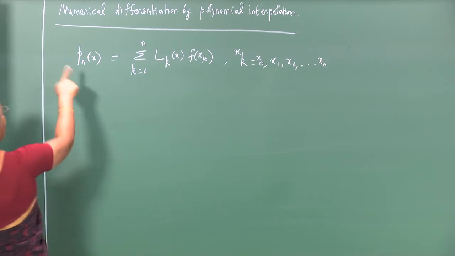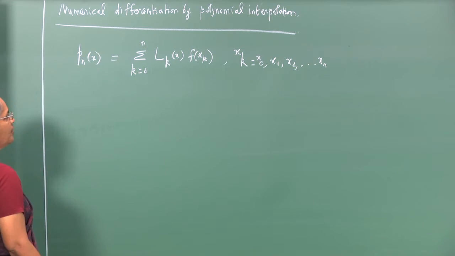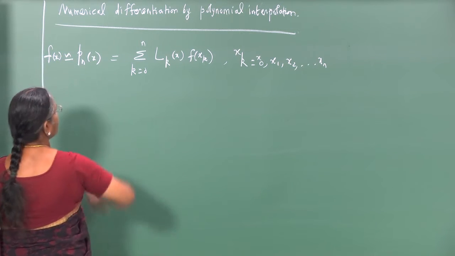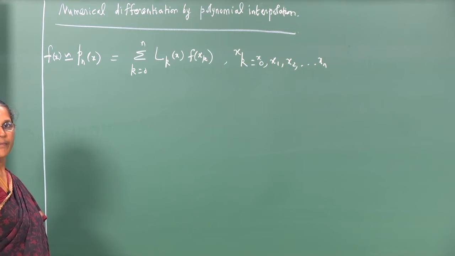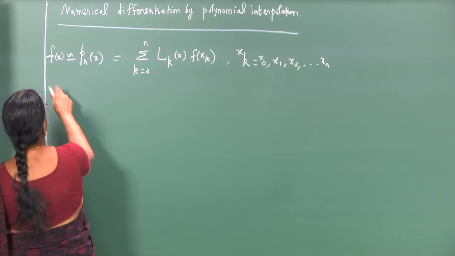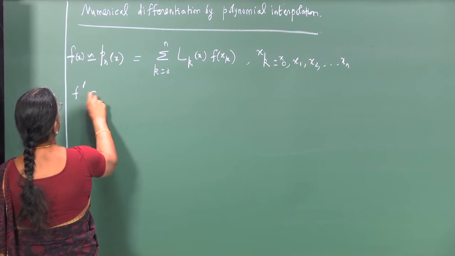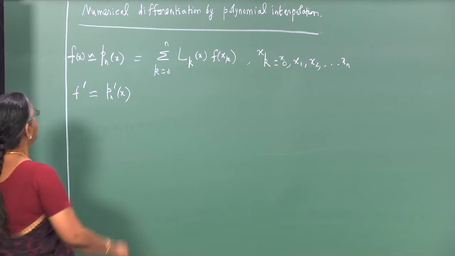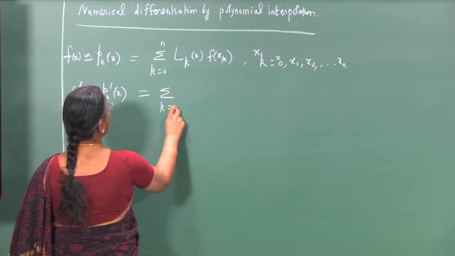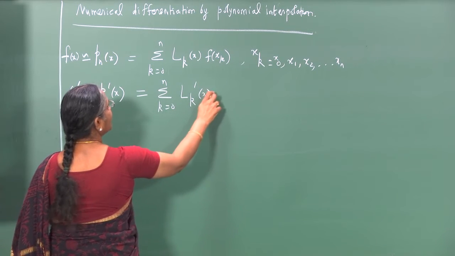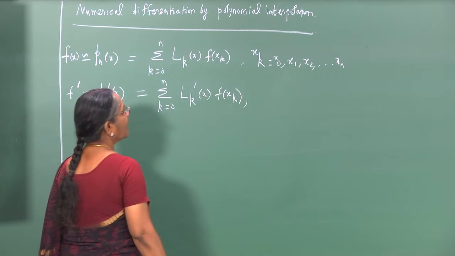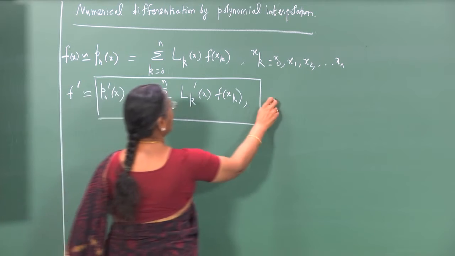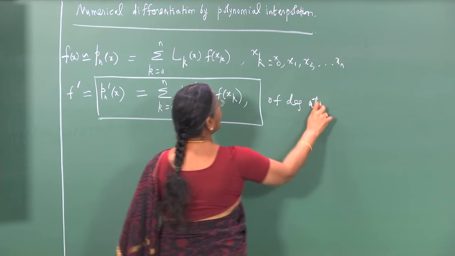So, from the Lagrange interpolation polynomial that approximates the function, one can obtain an approximation for the derivative f dashed, and it is defined by the derivative of the interpolation polynomial, and that is defined by sigma k equal to 0 to n Lk dashed of x into f of xk, and this polynomial Pn dashed of x is of degree at most n minus 1.